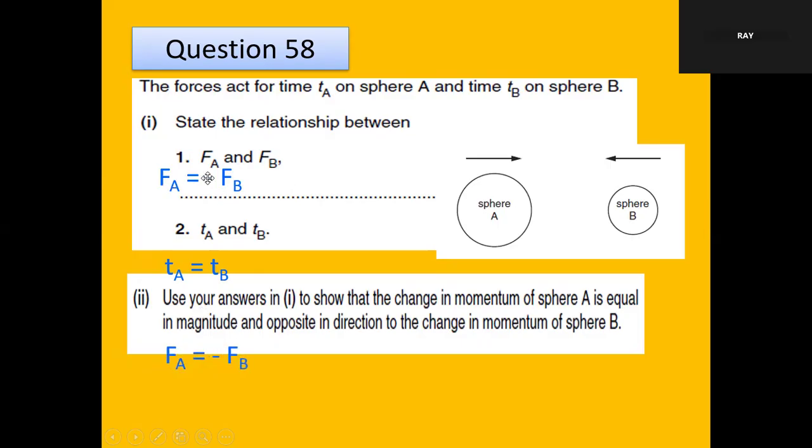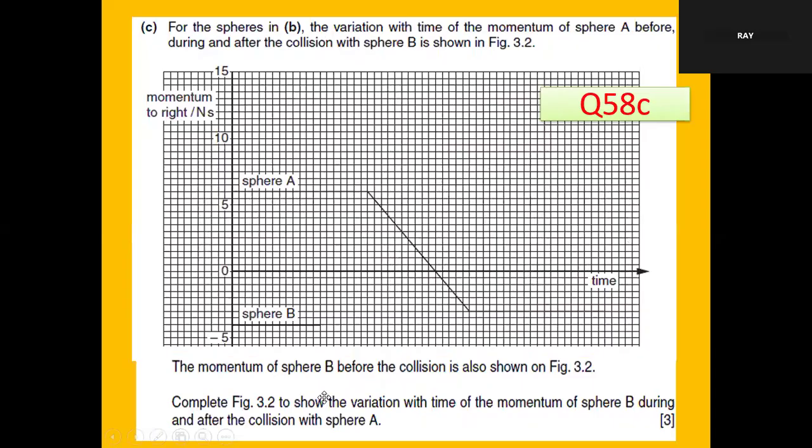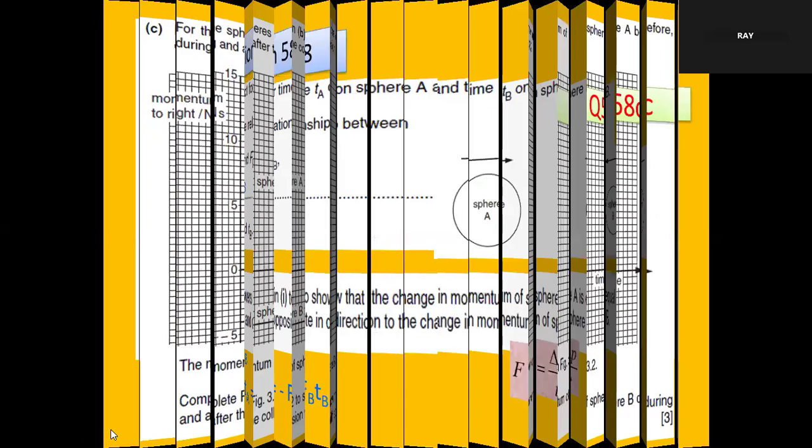Write down force is change in momentum over time. So change in momentum is force times time. FA times TA, FB times TB. Okay or not?